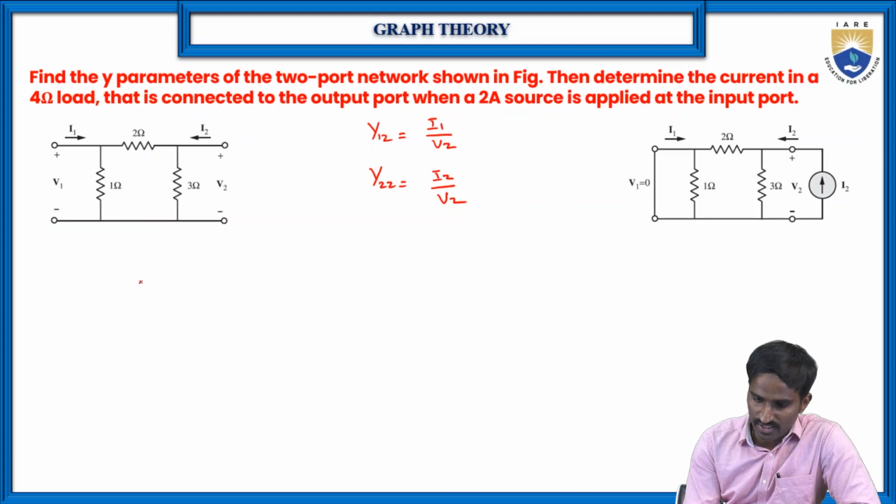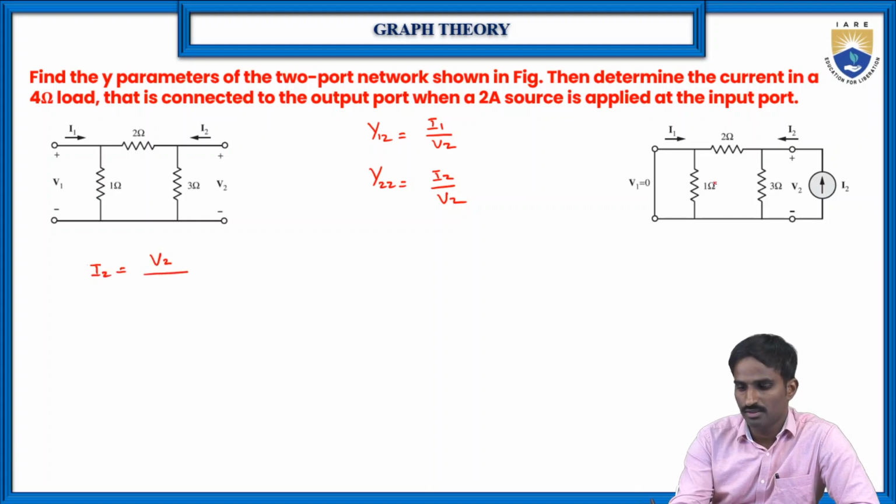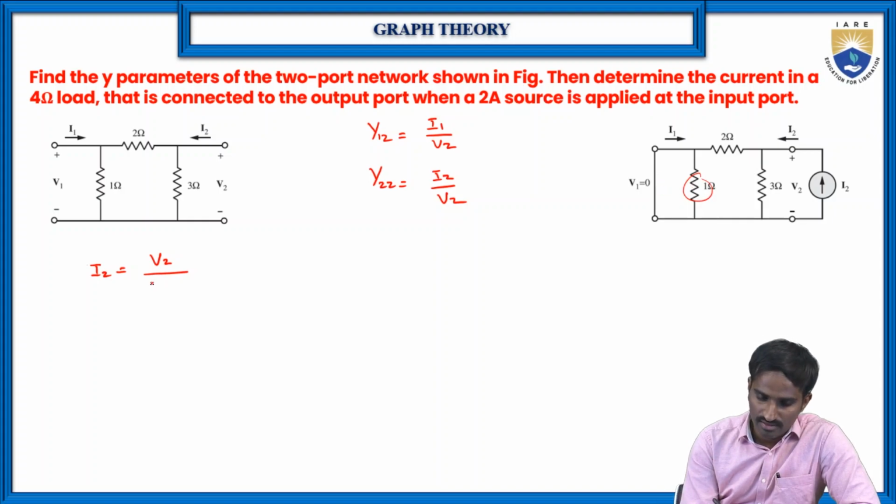Okay, first let us find the I2 value here. So I2 is equal to V2. The voltage across this terminal is V2 that we are considering. Anyway, again here this 1 ohm resistor is in parallel with the short circuit, so we are neglecting it. Then by the total resistance, here it is 2 into 3 by 2 plus 3, right?